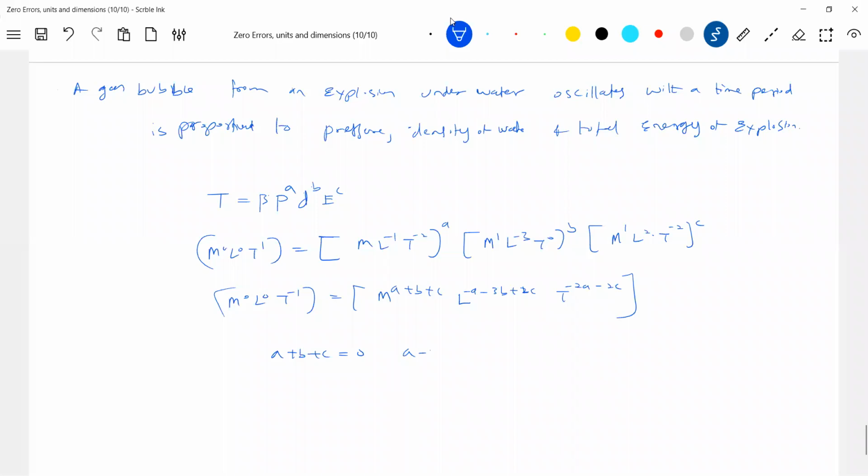Equate things here. Then a minus 3b plus 2c equals 0. Minus 2a minus 2c is equal to 1. Solve this.